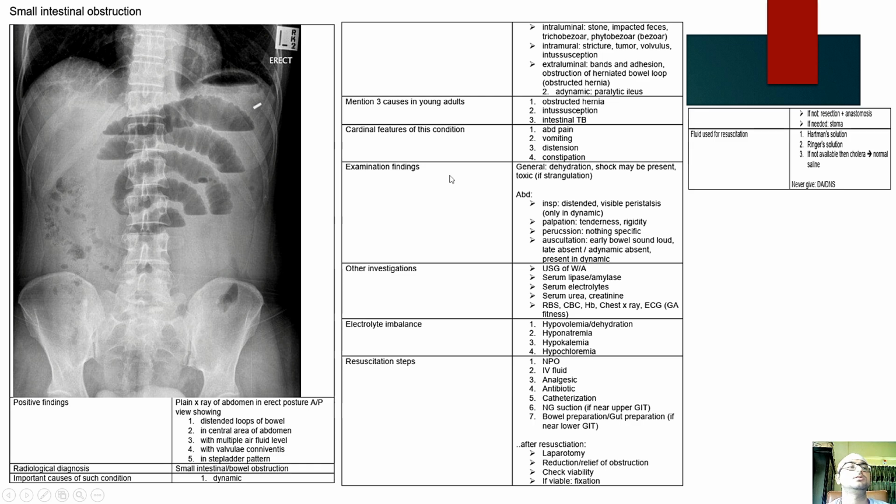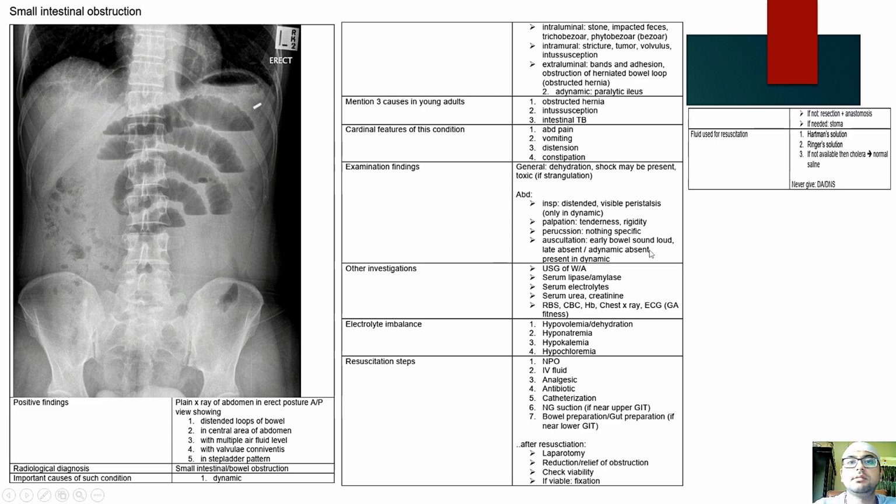Examination findings. What will I examine in this case? So inspection, the abdomen will be distended, and peristalsis may be visible. In palpation, the abdomen is tender, rigid, and in case of percussion, if I do percussion here to hear something, there will be no specific sound.